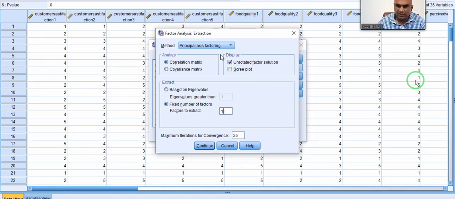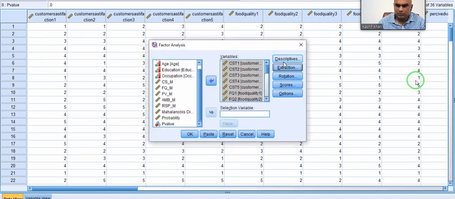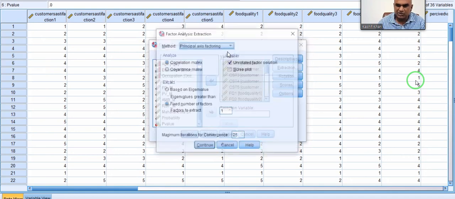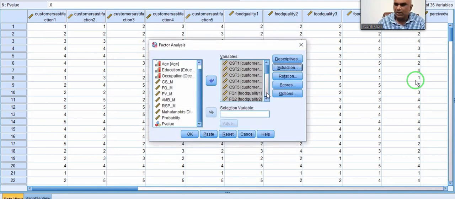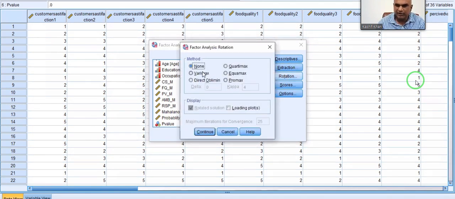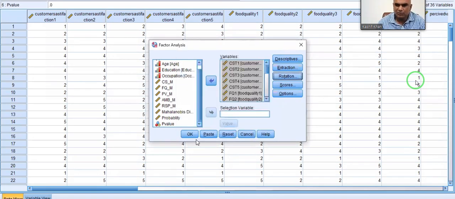So that's all I'll do. Continue. Descriptive, I left as it is. Extraction, change it, and then 1. I don't need to do anything for rotation. Some people do the varimax rotation. Even if I want to do that, I can, but I would rather have none. Continue.